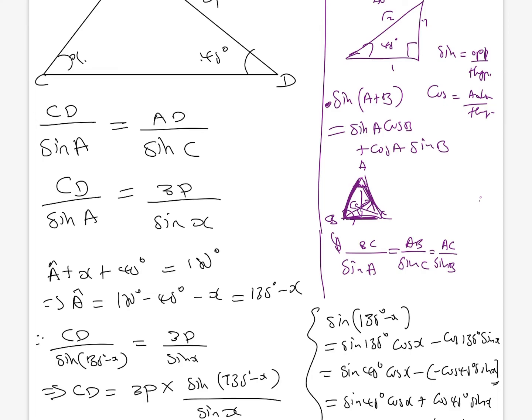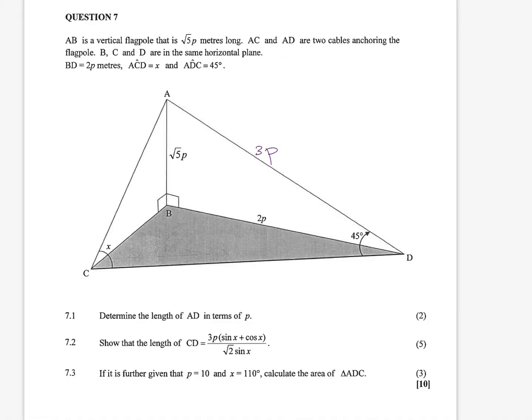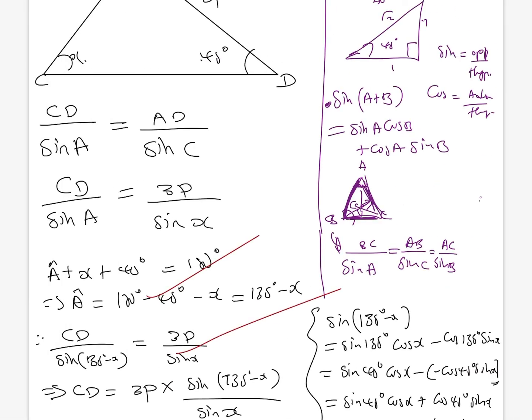You're going to get a mark for this, a mark for correct substitution, and a mark for getting 1 over root 2. So that's where you get your 5 marks. If you have a question on this, let me know. I'm happy to jump back and help out.